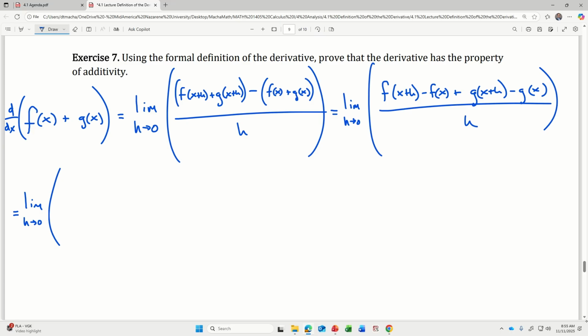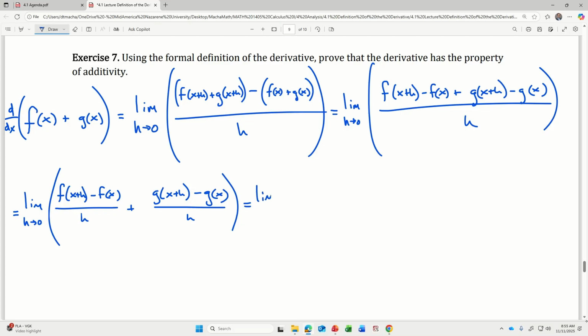And I can break up a fraction where the plus sign is, so this is like f of x plus h minus f of x divided by h plus g of x plus h minus g of x divided by h.